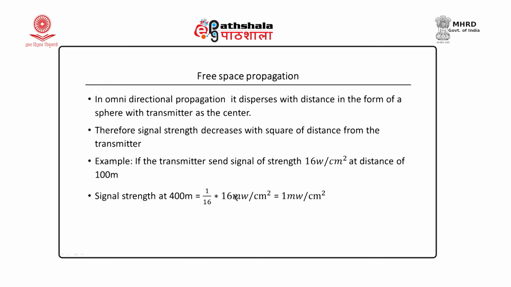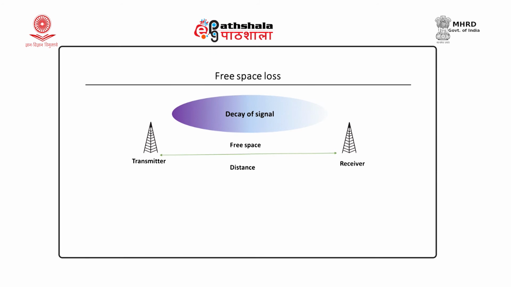So, the resultant signal is just 1 milliwatt per centimeter square. You can see in the diagram that as you go away from the transmitter to the receiver, even though there is free space and no obstacles, there is decay of the signal.